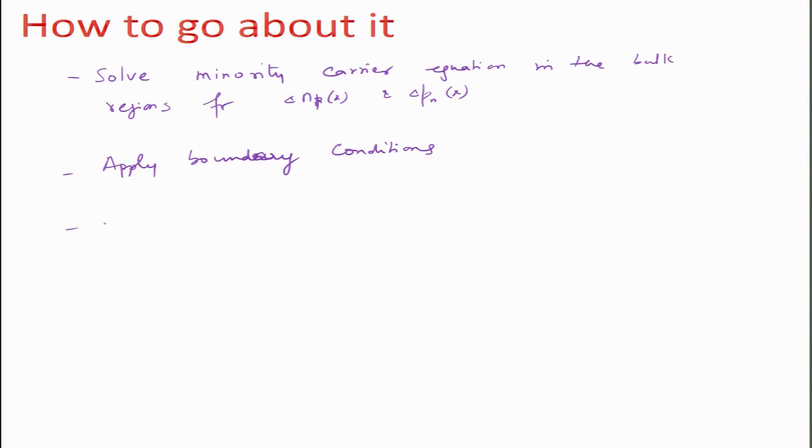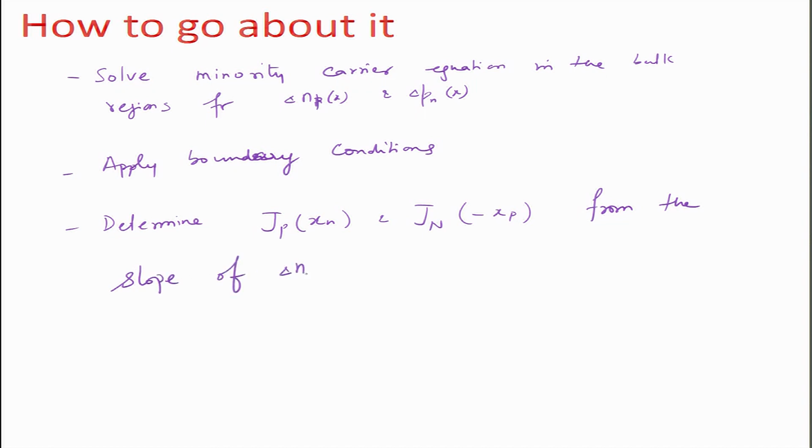Then determine Jp at xn and Jn at minus xp, which means at the far ends of the semiconductor device away from the depletion region, from the slope of delta Np at minus xp and delta Pn at xn.